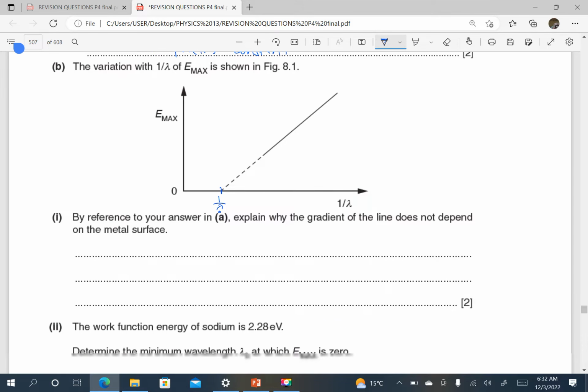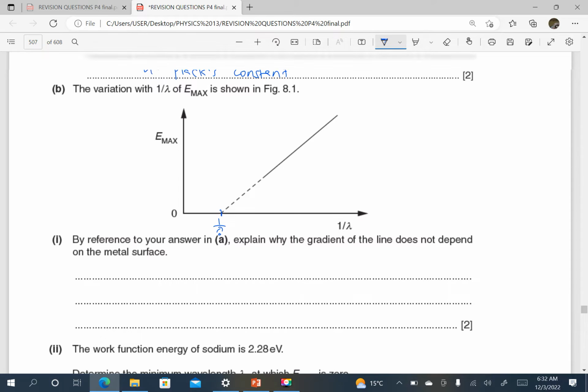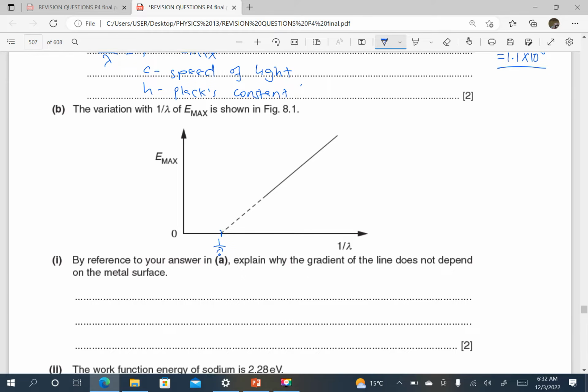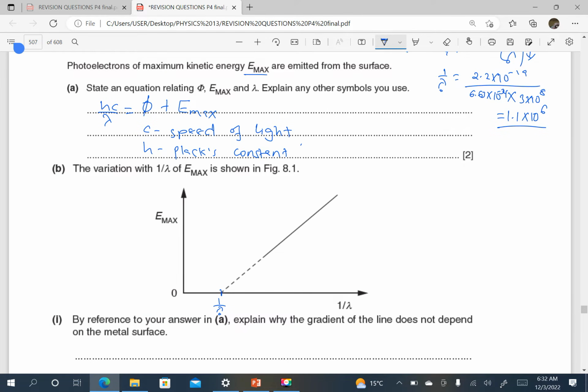By reference to your answer in A, explain why the gradient of the line does not depend on the metal surface. Let's check. If I make Emax the subject from the above equation, Emax is going to be equal to Hc times 1 over lambda plus phi. Compare with y equals to mx plus c, the equation of a straight line. On the y-axis, I have Emax.